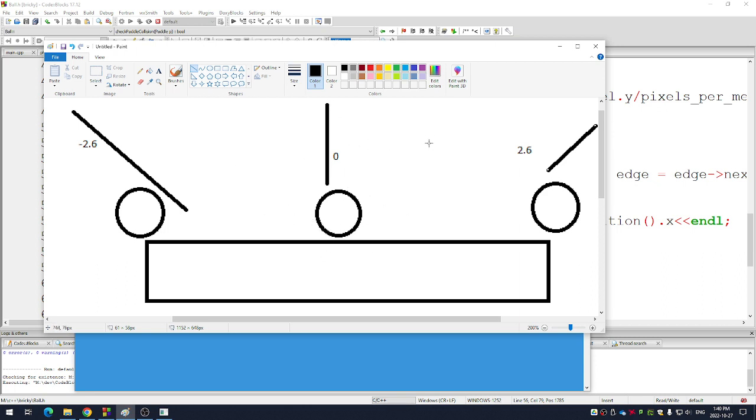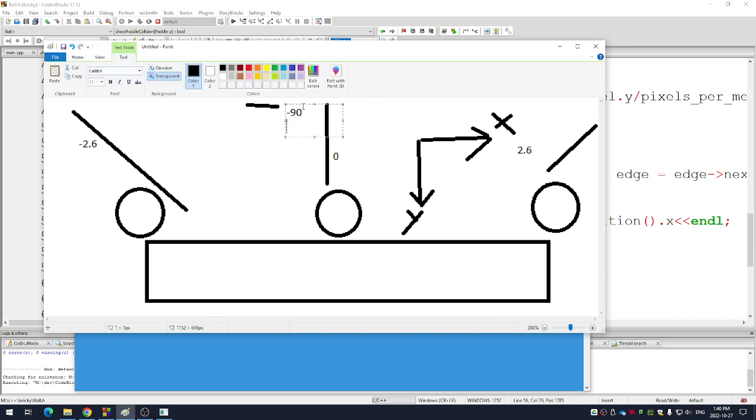And in SFML, I think the axis is like this. Okay. That is Y. And this direction is X. Oops. That is X. So this is actually minus 90 degrees.